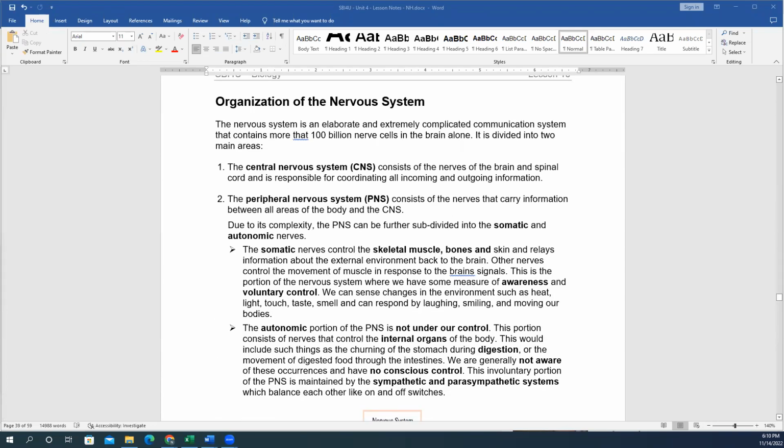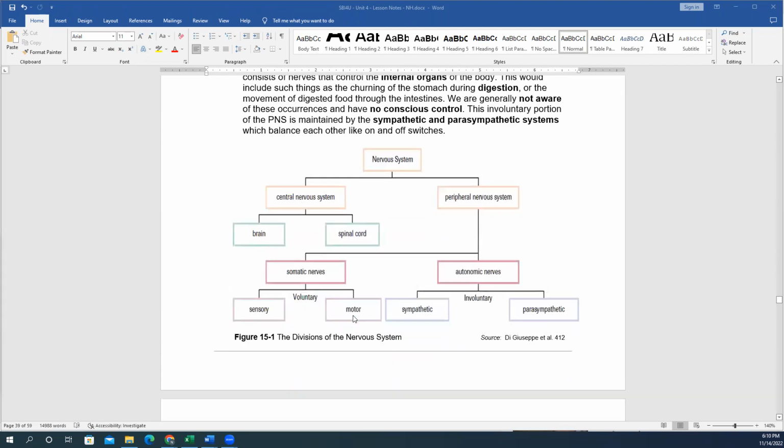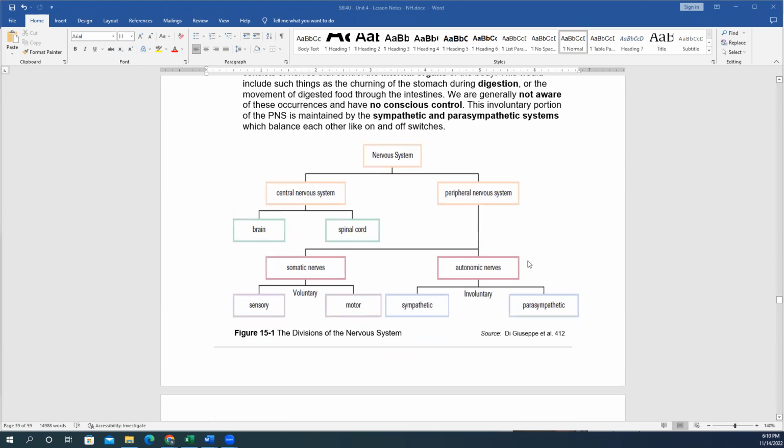So the nervous system is a pretty elaborate and very complicated communication system that contains more than 100 billion nerve cells. And it can be divided into two main areas: the central nervous system and the peripheral nervous system. And we can look at that here. The central nervous system consists of the nerves of the brain and the spinal cord.